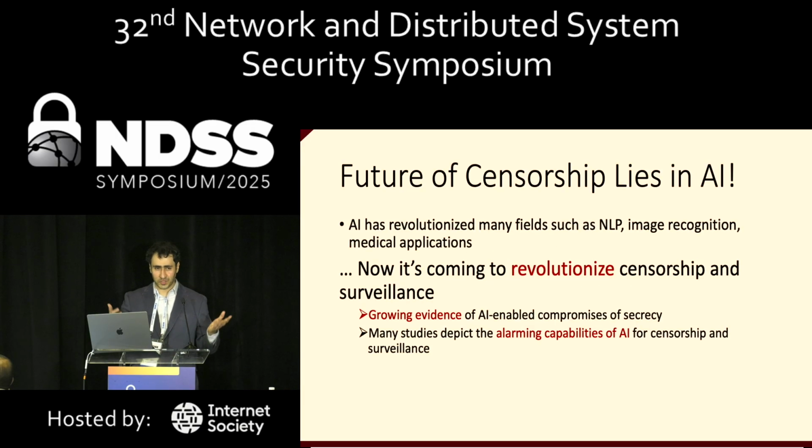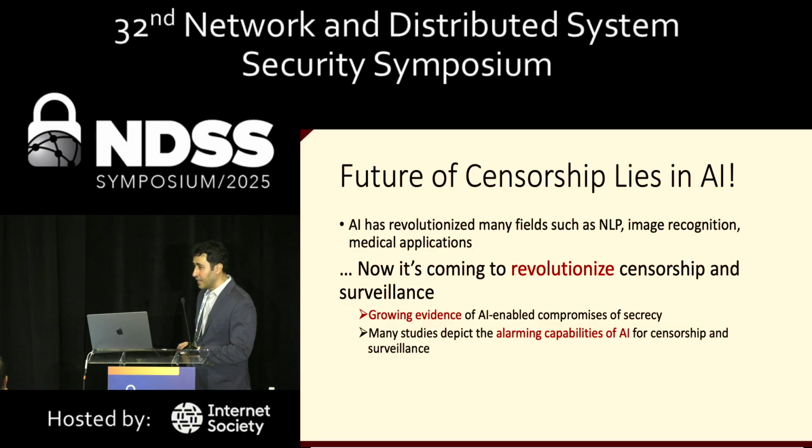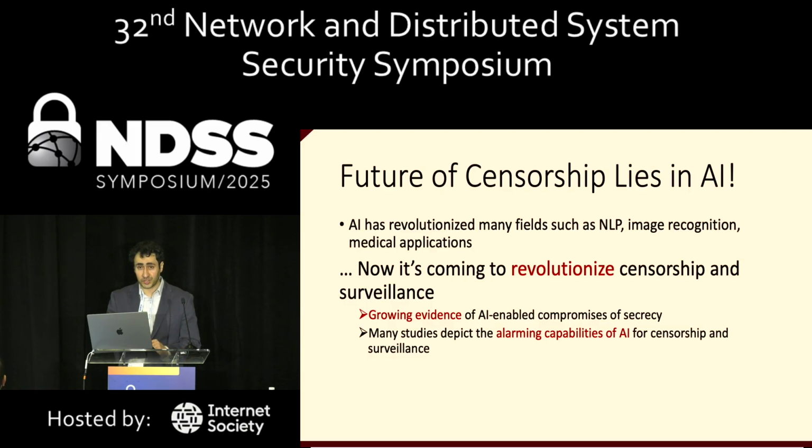First of all, we know that large language models and AI in general have revolutionized all the fields that we know. Everything is starting to change or has already changed. And there is growing evidence that the censors will also start heavily using LLMs and AI to enhance their censorship.